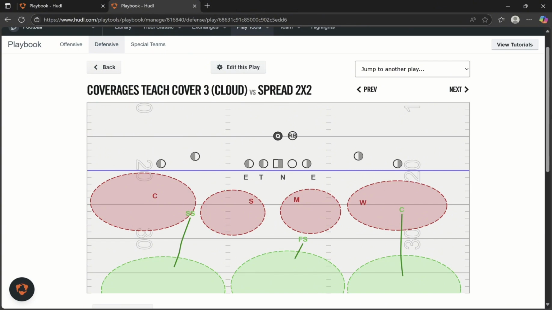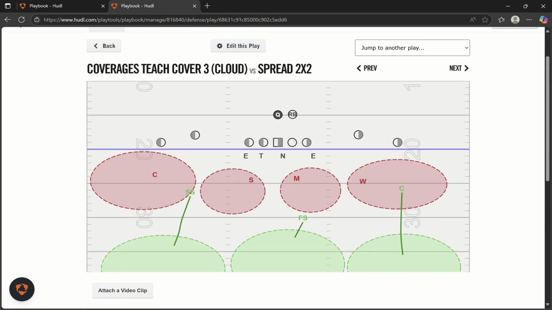Another type of coverage we have is cover 3. There are different types of cover 3. This one is called cover 3 cloud. I'm going to show you what that means in a second. For cover 3, remember that the number after cover tells us how many deep defenders we have. So we have 1, 2, 3 deep defenders.